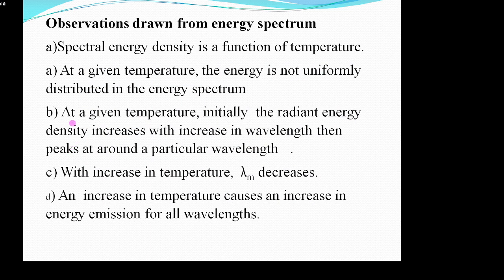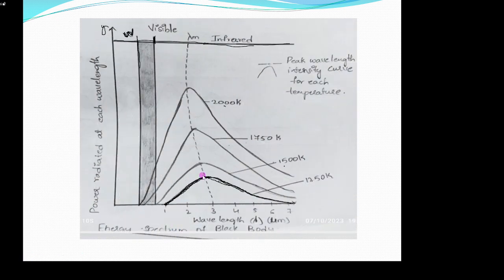Next, with an increase in temperature, lambda m decreases. If I increase the temperature from 1250 to 1500, 1750, 2000, the peak wavelength shifts towards the shorter wavelength side.